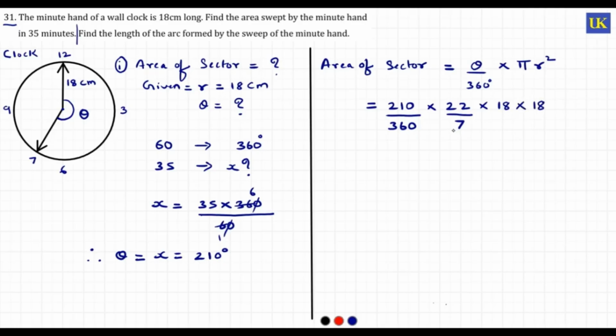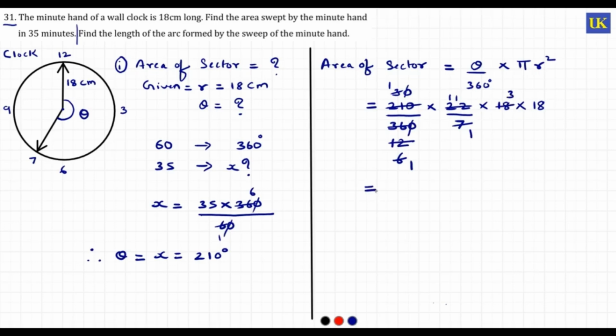Now we will go on cancelling. 7 ones are 7, 7 threes are 21, and 0 as it is. Now we can cancel this 0 and this 0. Then 3 ones are 3, 3 twos are 6, 2 6s are 12, and 6 threes are 18.